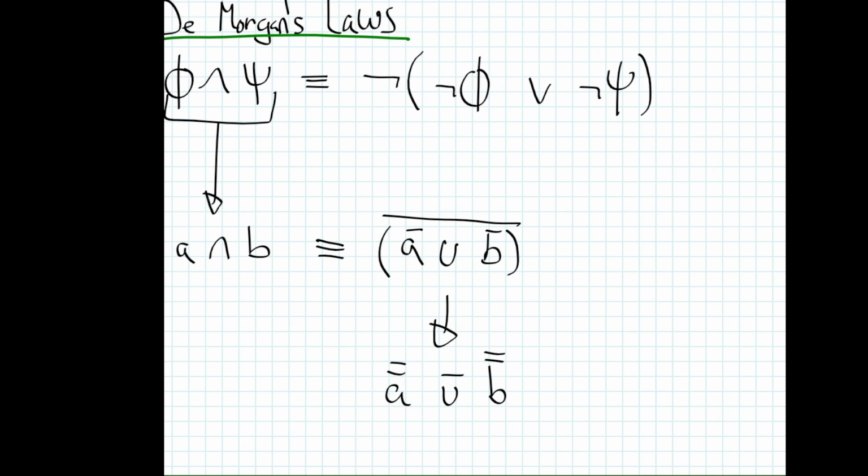If A were 0, then we negate it, it becomes 1, and we negate it again, it becomes 0. So this negation negates itself, which means these variables lose their negation. However, the operator in the middle is still negated only once. Okay, so that's what this means.